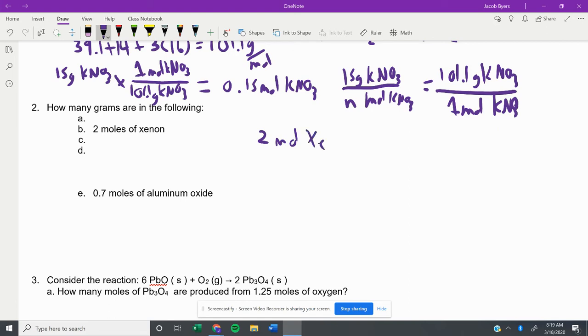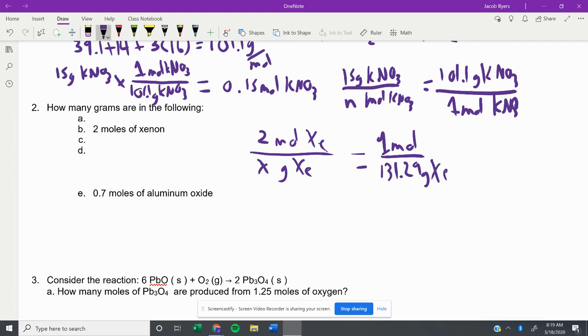If you've got 2 moles of xenon, you're looking for a given number of grams of xenon. It's got to be equal to the ratio of molar mass. So we've got 1 mole for 131.29 grams of xenon.